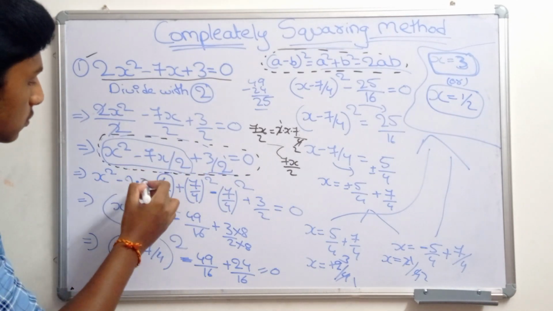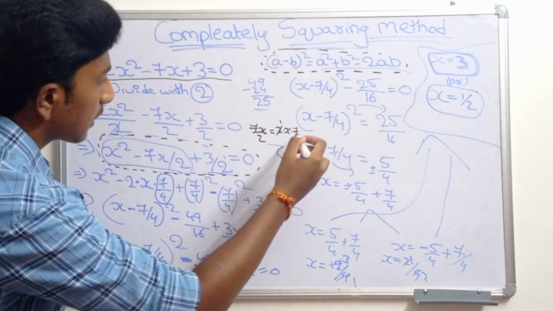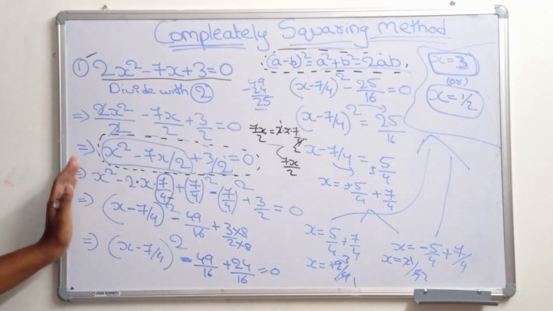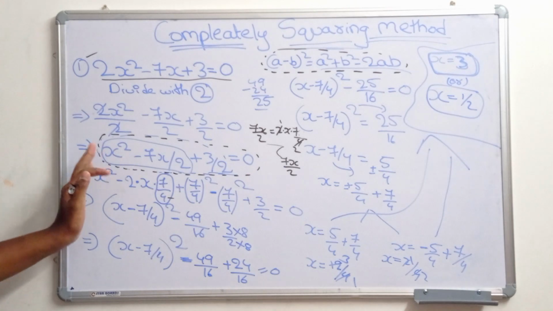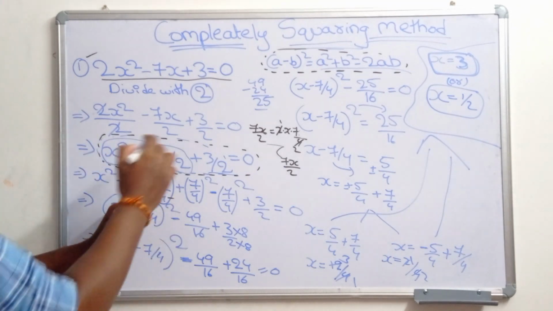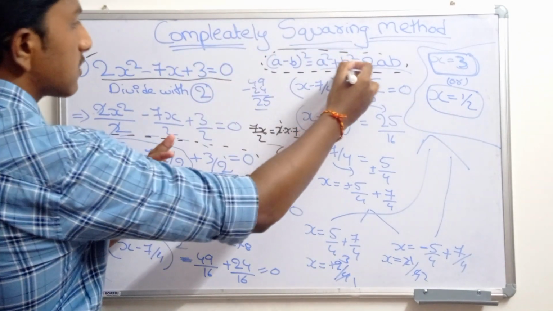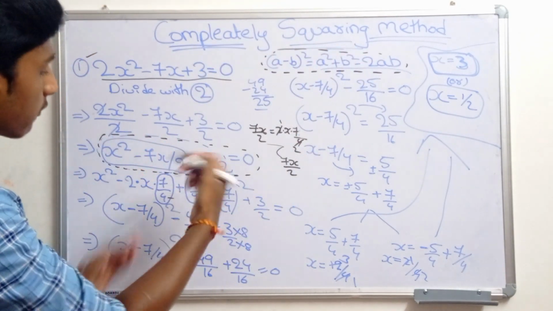In a square minus 2ab, the b term we have selected as 7 by 4. So I have written here 7 by 4, and plus b square, because we have written x square, a square minus 2ab. So we have taken the b term as 7 by 4, and plus b square term, we are adding 7 by 4 whole square.